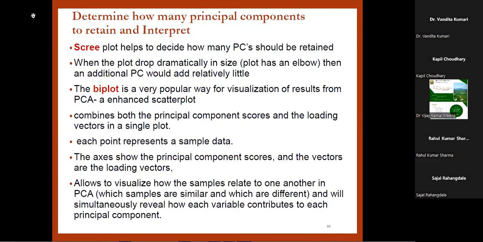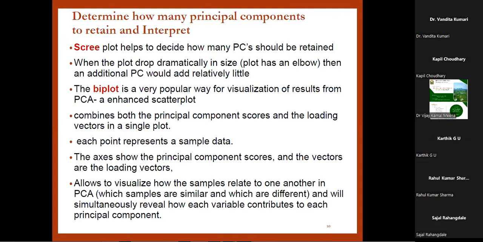So how would we determine how many principal components one needs to retain, and how to interpret those principal components? There is a plot called a scree plot. The scree plot helps us decide how many principal components one should retain. I will show this in R, but just to introduce, in this plot there is a sort of slope. When the slope drops dramatically, there is an elbow.